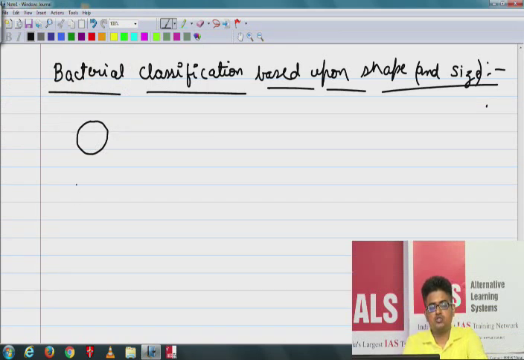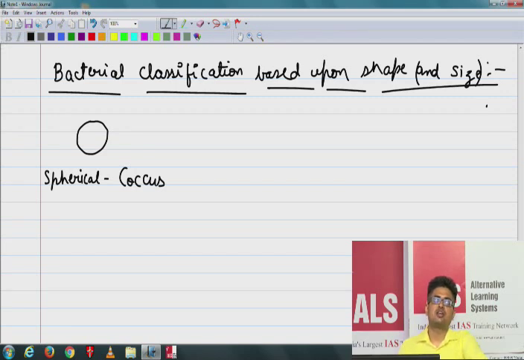If the bacteria is spherical in shape, it is called coccus. Coccus is the name given to a bacteria which is spherical in shape. If the bacteria occurs singly, then it is called monococcus.